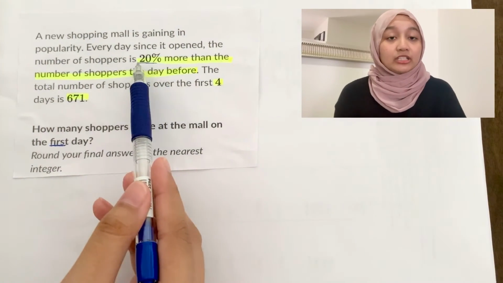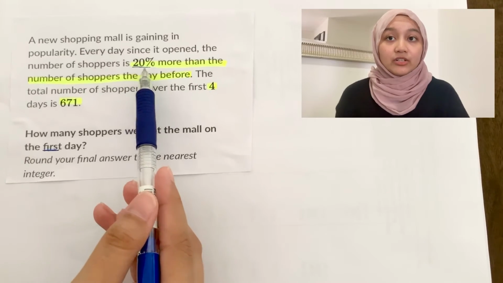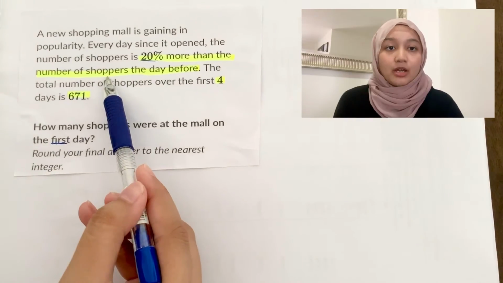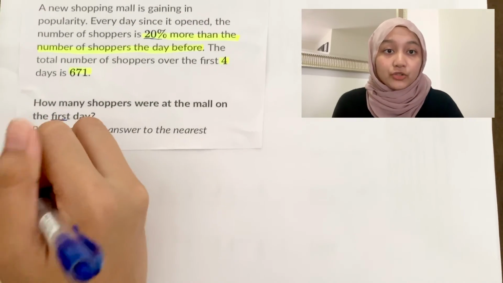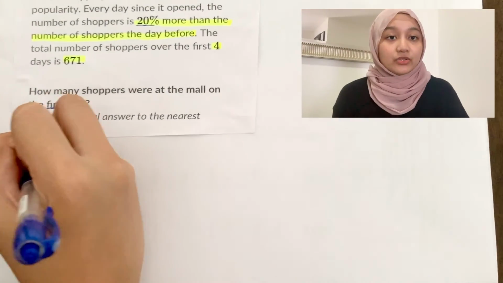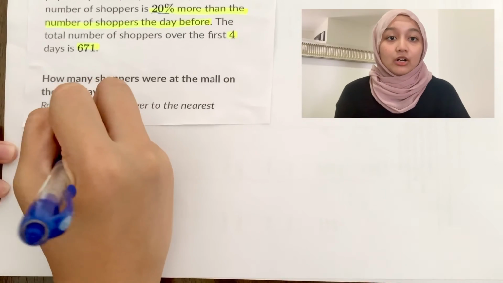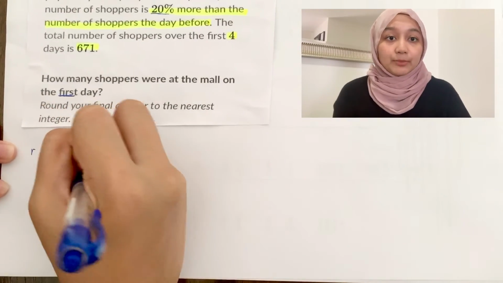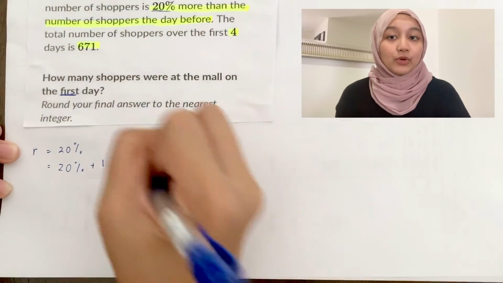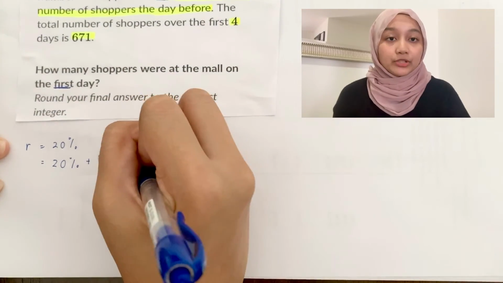So, the question has given us the common ratio, which is 20%. It means that the number of shoppers is increasing in geometric progression. So now, let us write the common ratio, known as r. r equals 20% plus 1 equals 1.20.